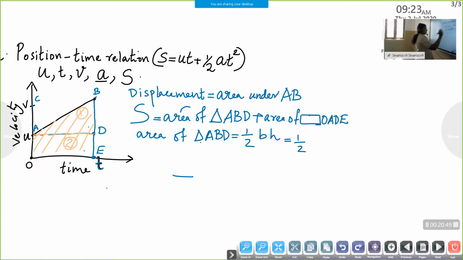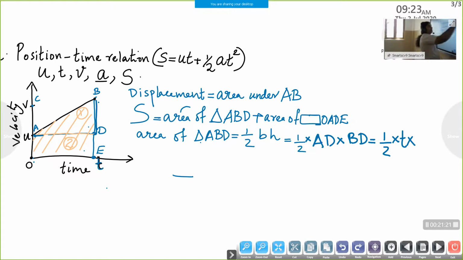So here area half into base, AD is the base. So base is AD, half into AD into height. This is the height, BD. So it is equal to half into, you know that AD is equal to OE, that is T minus 0, that is T, half into T into. Then what is BD?